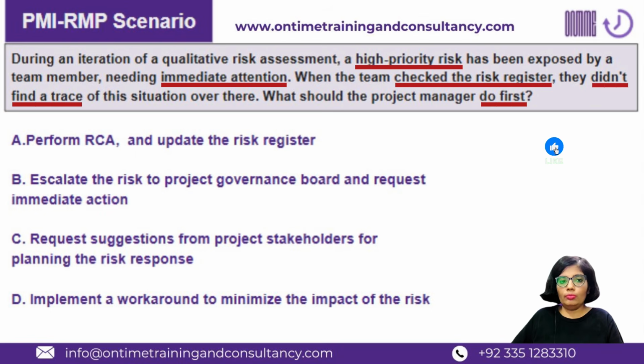Accordingly, as per the rule of thumb, the risk register will be updated. Till this point, all of us must be aligned on the same page. Now, what should the project manager do first? Please keep in consideration that this risk has just been identified and requires immediate action.